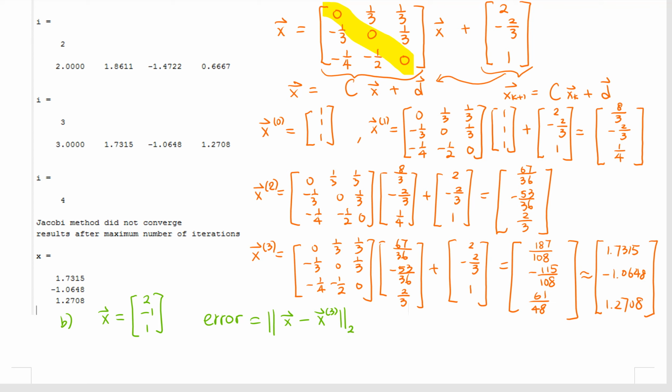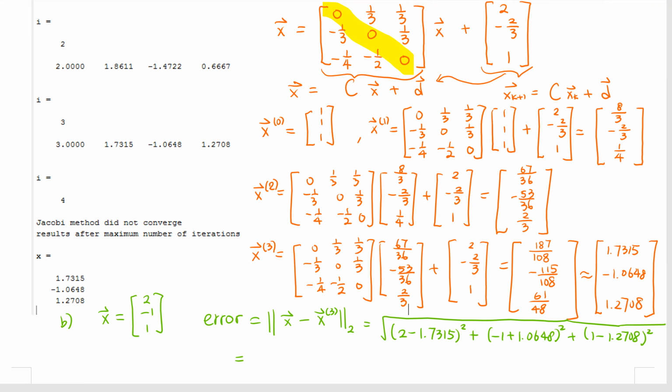Let's use the L2 norm. So this will give us the square root of (2 minus 1.7315) squared plus (-1 minus negative, which becomes plus) 1.0648 squared, and then (1 minus 1.2708) squared.